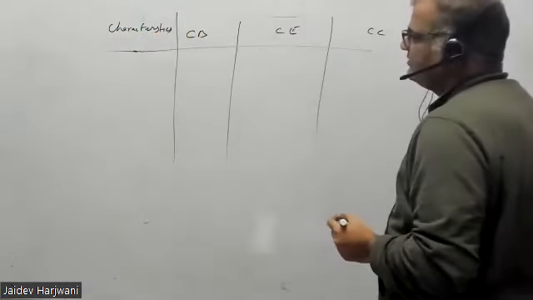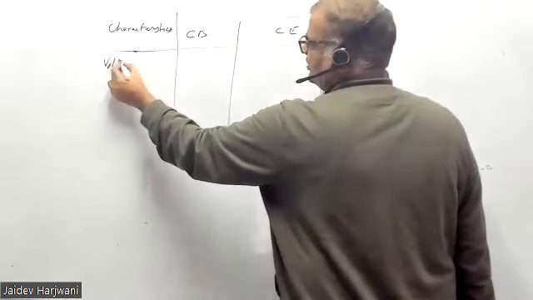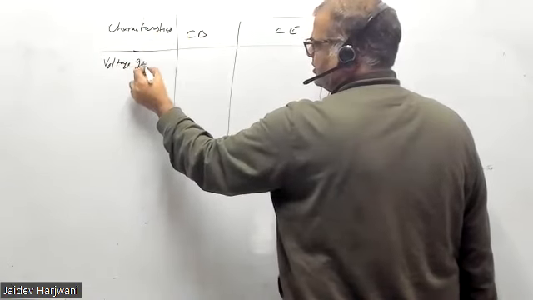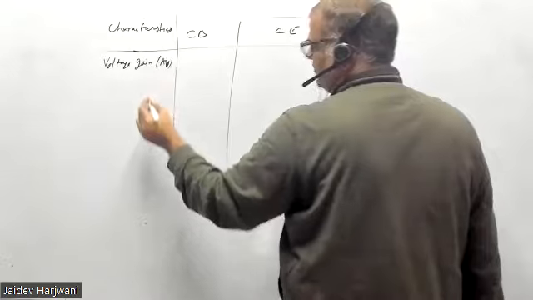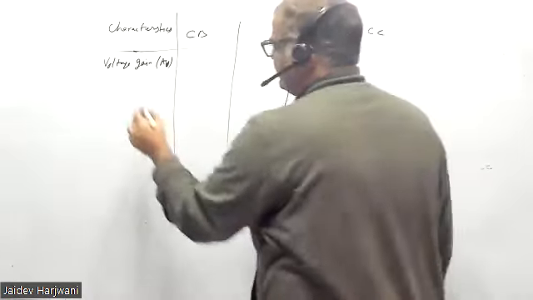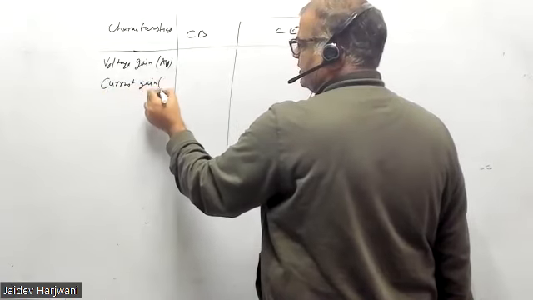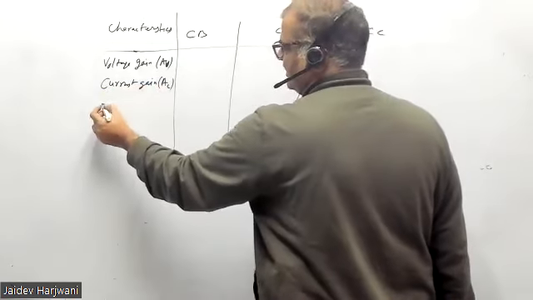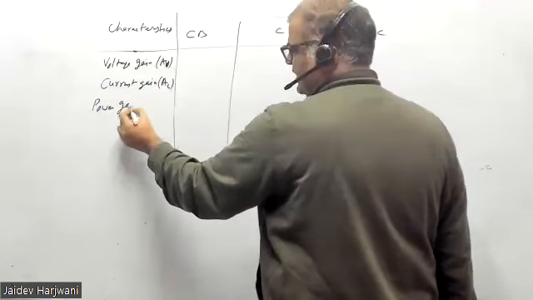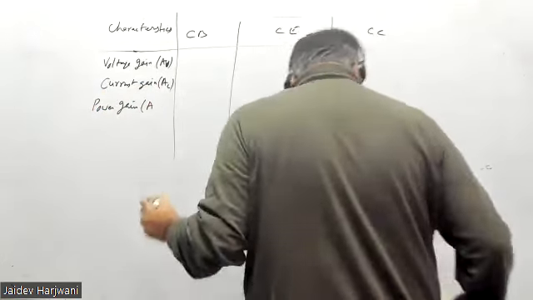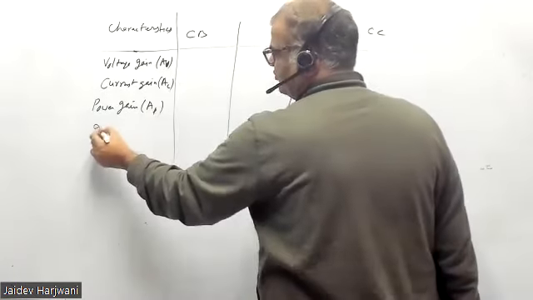Characteristics means if you want to get the voltage gain, AV, you want current gain, AI, you want power gain, that is AP, and then you want input resistance.